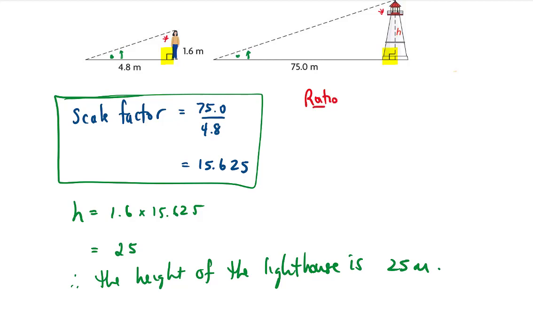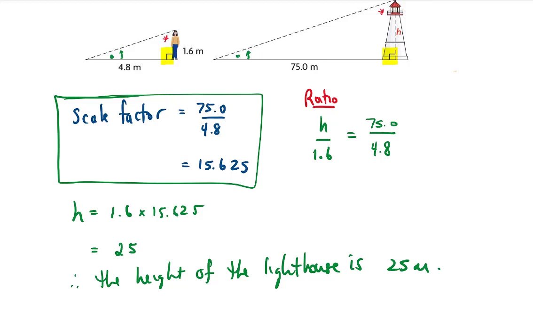If we want to set up a ratio, we're going to do one triangle's side length over the other. So the way you set it up is like this. We have the height of the lighthouse versus Ava's height is equal to the length of the lighthouse's shadow over the length of Ava's shadow.